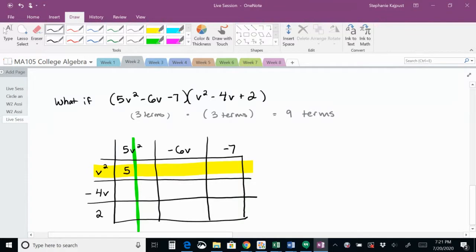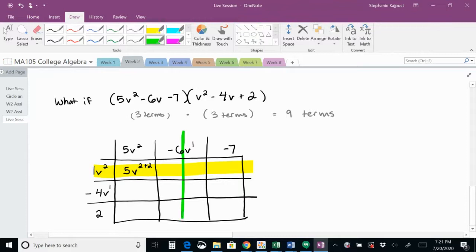So that's going to be a 5. And then when you're multiplying v squared times v squared, you add your exponents. So I'm going to just write this down. So that's going to give us a 2 plus 2. We're going to end up with a v to the 4th because you add your exponents there. And if it's helpful, anything that doesn't have an exponent on a variable, you can write a 1 there. And I can even put a 1 here if you want to remember that you have to multiply that 1 up. So I've multiplied that box.